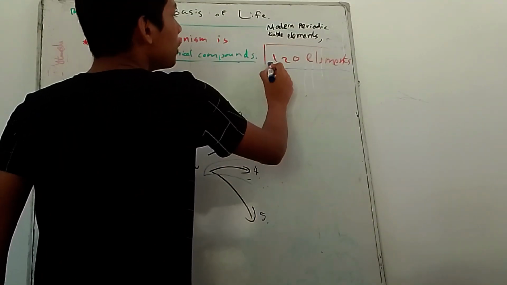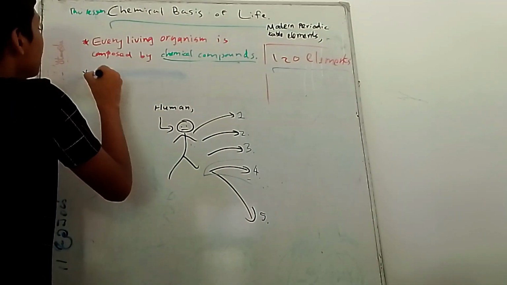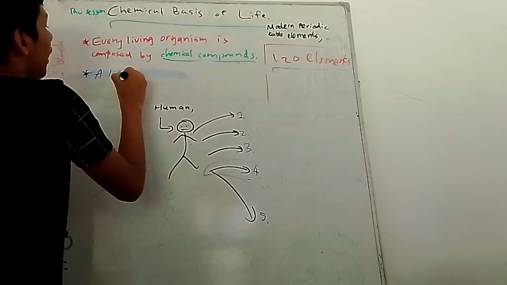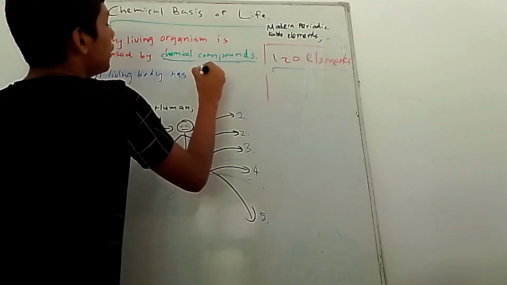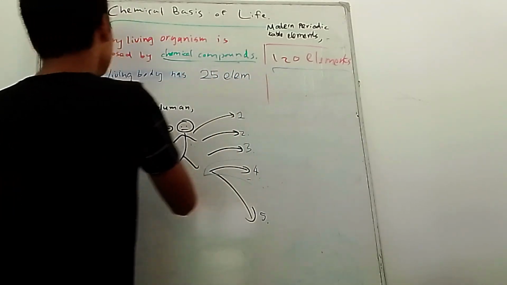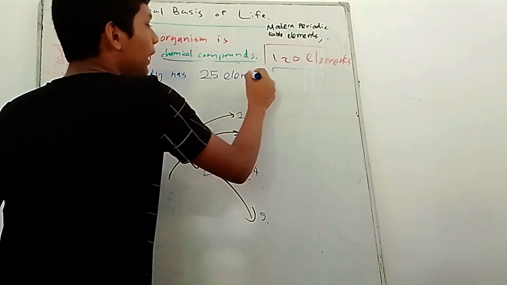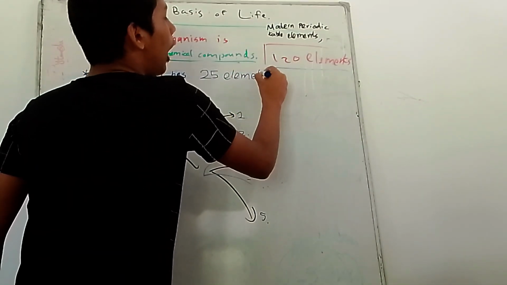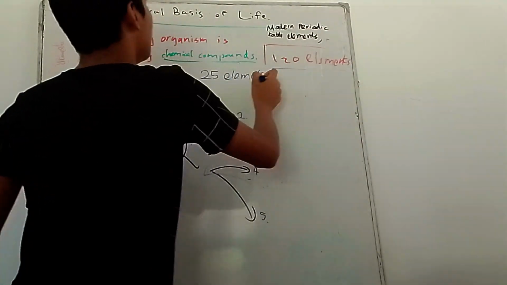Out of those 120 elements, a living body has about 25 elements, which means a living body is simply composed of 25 elements out of those 120 elements in the periodic table.